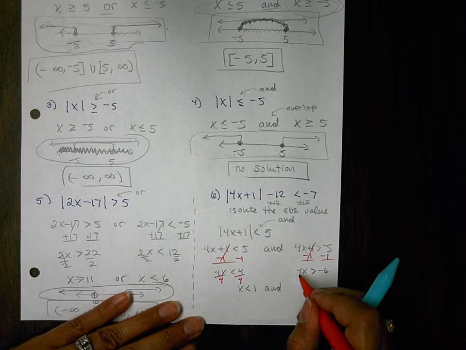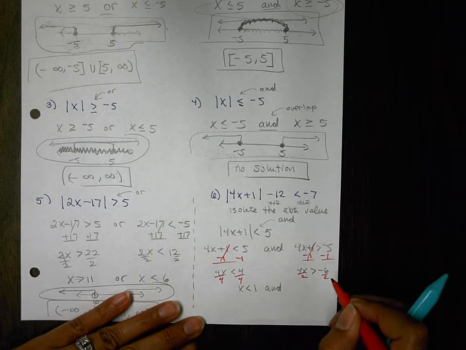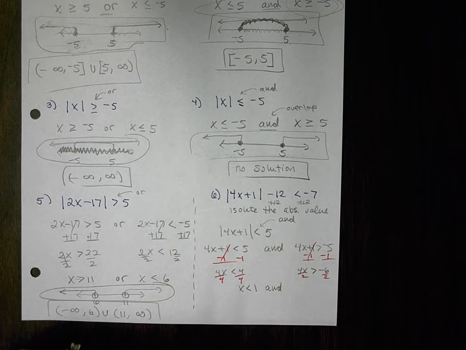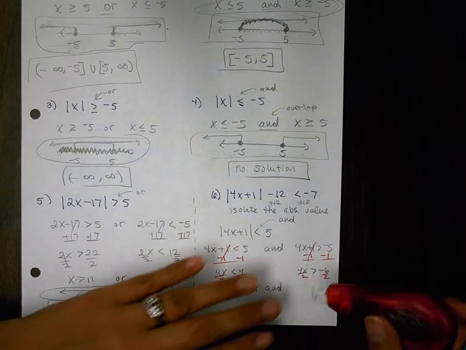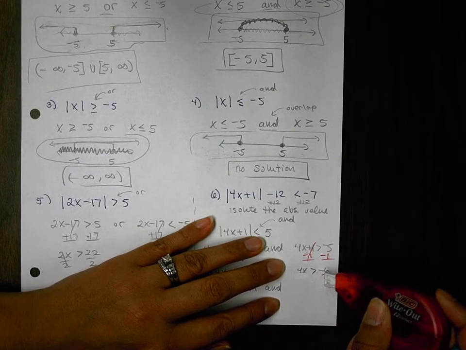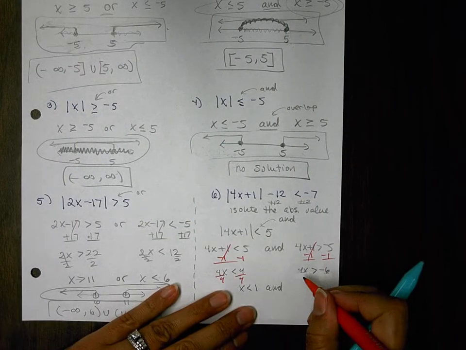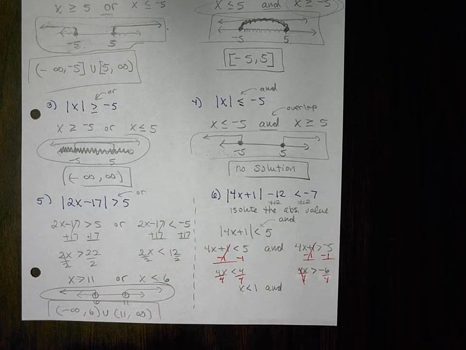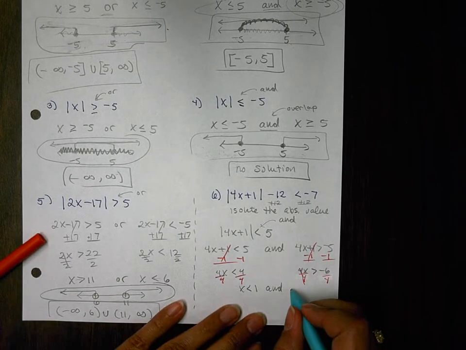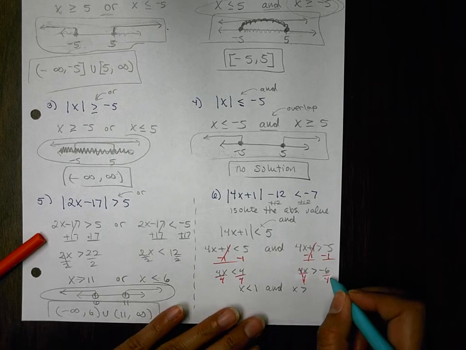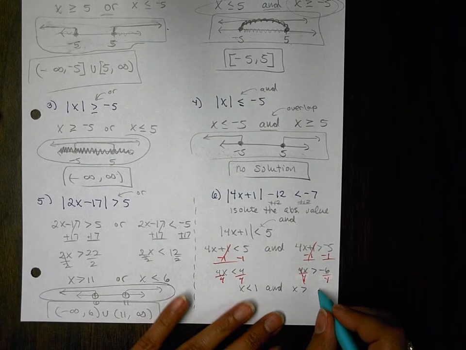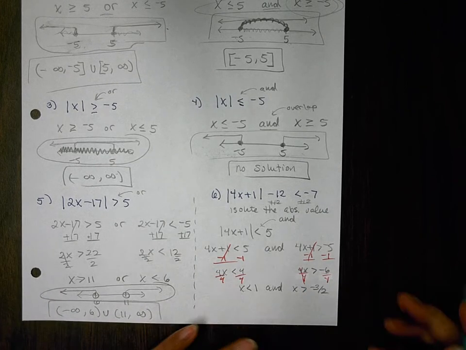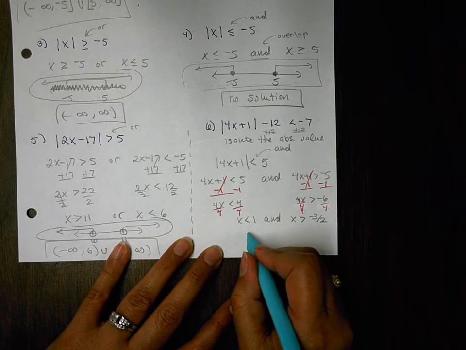Divide by 4, and it's okay to get a fraction answer. Fractions are our friends, remember that. With fraction answers, you do have to reduce if possible. X is greater than, you can divide by 2, so that's negative 3/2.